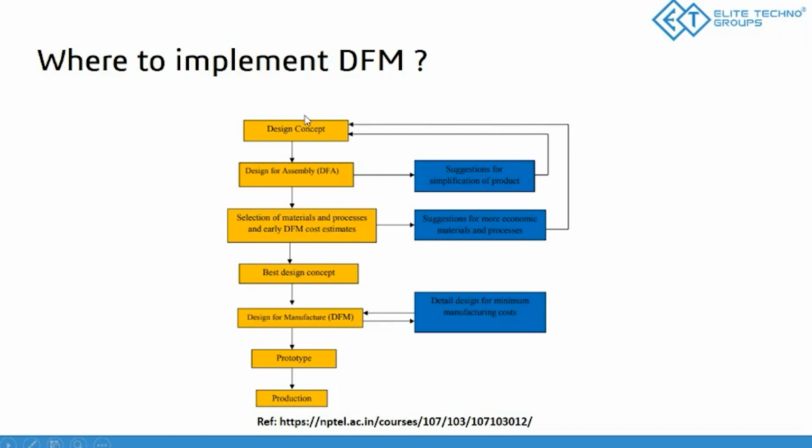Within these three phases, there is a loop. At each of the second and third boxes, we have a loop which goes back to the first, the design concept. That indicates that for each of the concepts, if there is any shortcoming or any changes needed, we go back to the design concept, make the necessary changes, and again check whether the changes we have implemented are alleviating the problems, or the considerations that were not being satisfied previously, right?